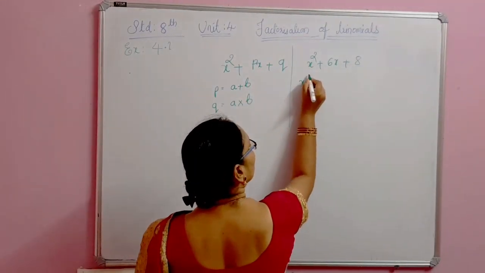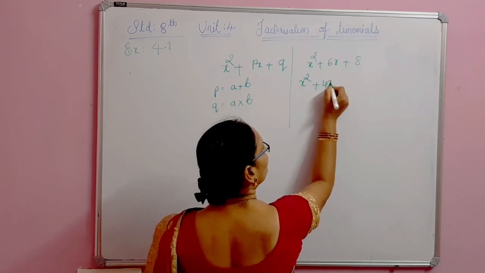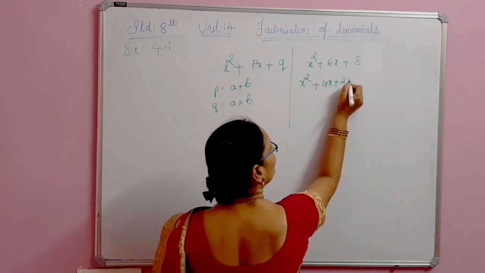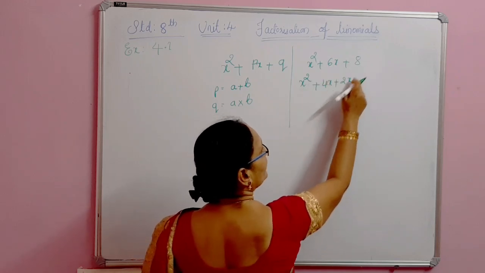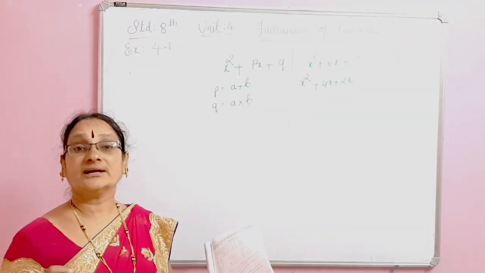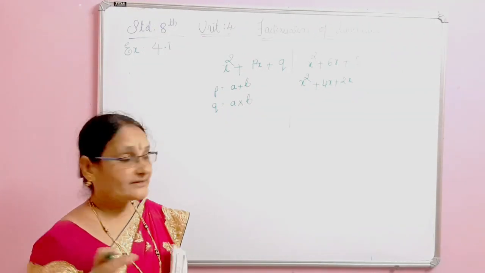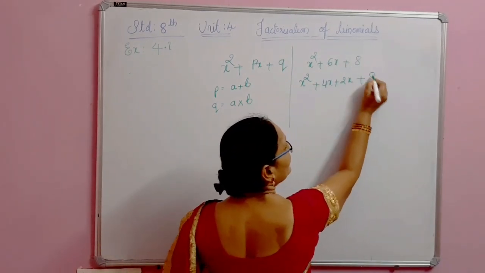See here, x square plus, in place of 6x we have to write 4x plus 2x. 4 plus 2 is 6, 4 twos are 8. This is splitting of the given term. Here we are splitting this term and 8 as it is.